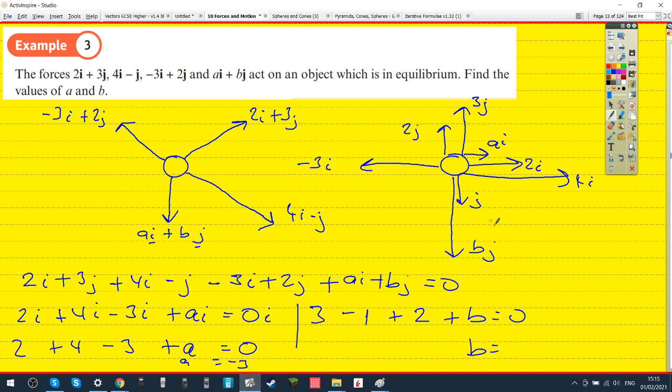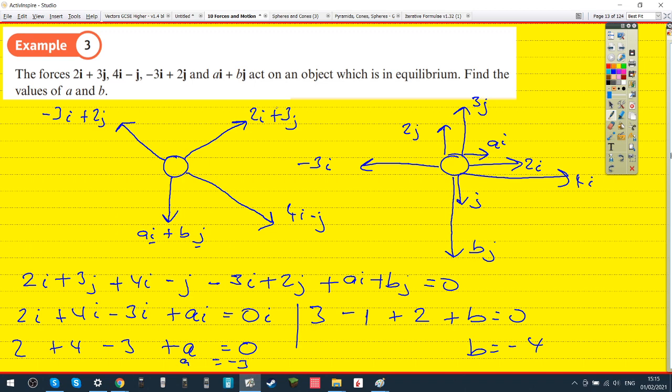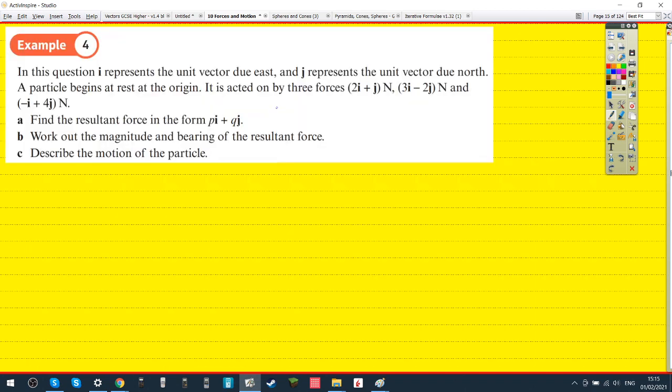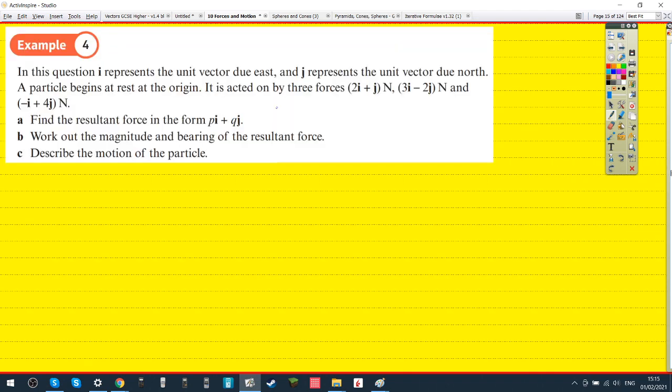Minus 4. Great. And so minus 3i minus 4j. Great. So if they're in equilibrium, they add up to 0. It's not moving. Let's see this one. Hang on. Yeah, looks good. Okay, let's try this one.